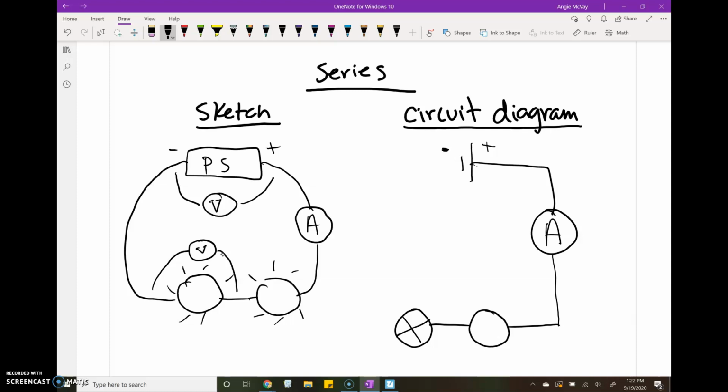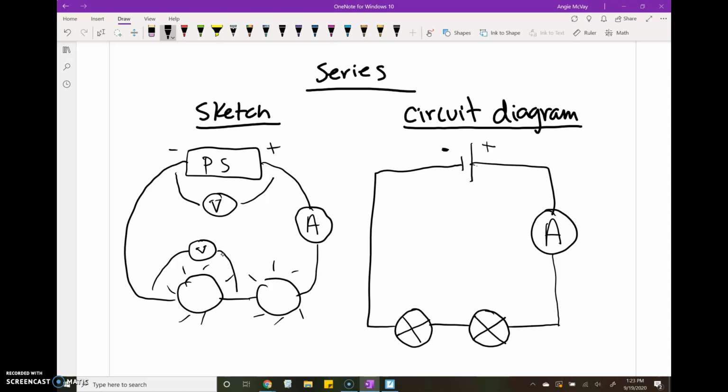Sometimes you might see a symbol like this for a light bulb, one that mimics a resistor. I typically draw a symbol with an X. Okay, so we've got our 2 light bulbs, and then we go back around. Similar to the sketch, but squared off with some official symbols.